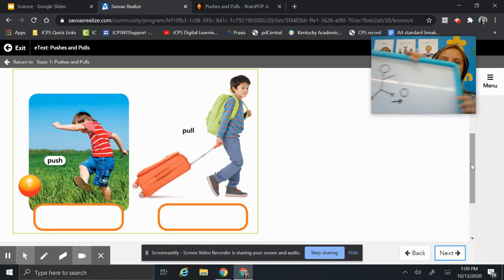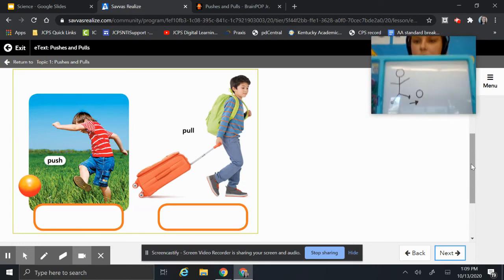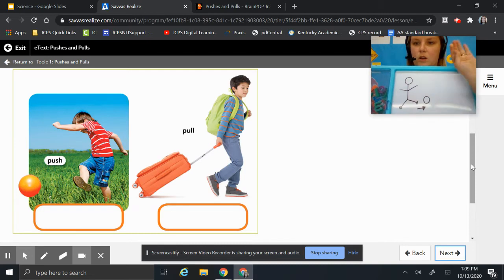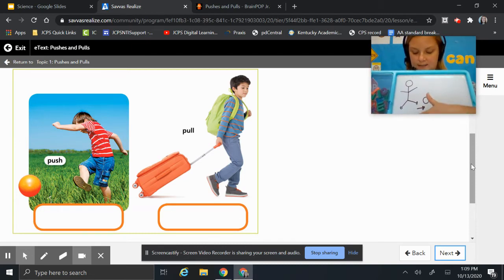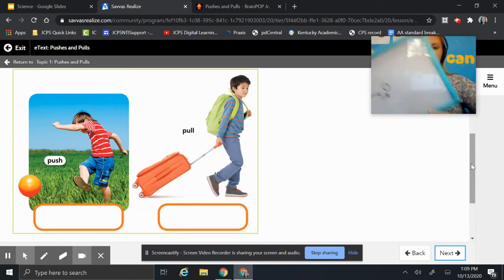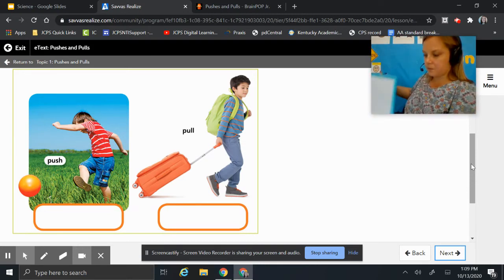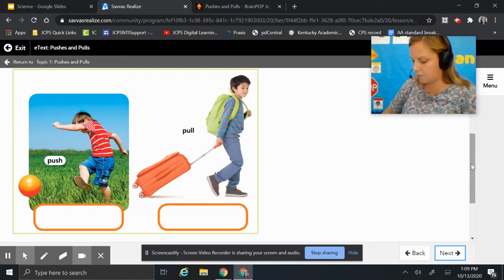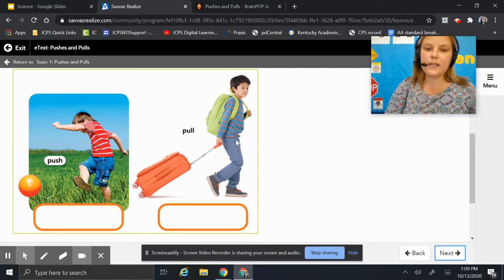Hoping that you all can see this. I have a little person, and he's kicking. You see his feet, and he's kicking the ball. So there's the direction. He's kicking against the ball, so his leg is going that way. And then we are also going to look at pulling. There's another little boy right here, and he is pulling a suitcase.